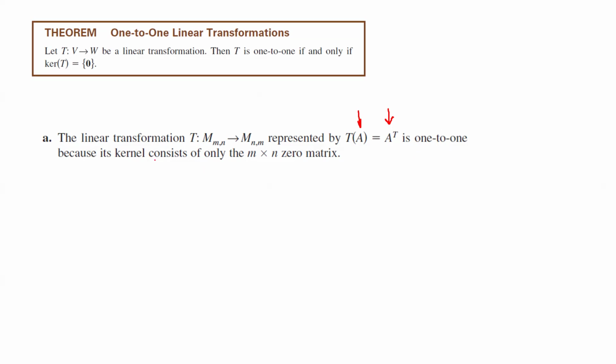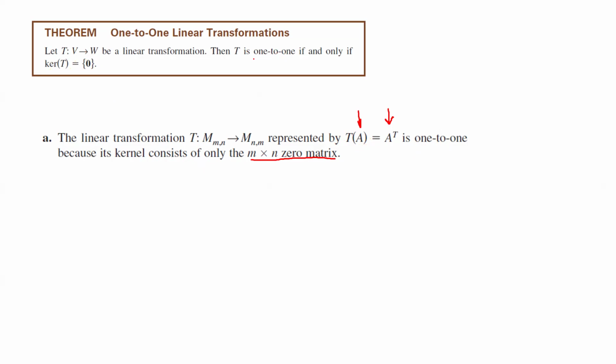Because we just showed that the kernel only consists of the m by n 0 matrix. The only solution to T of A equal to 0 is 0. There is no other option. So since the kernel is equal to the 0 vector, it means that for sure you can say that this linear transformation is one-to-one.